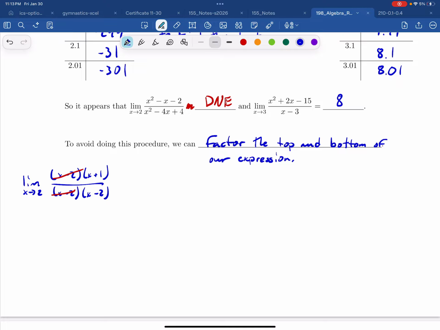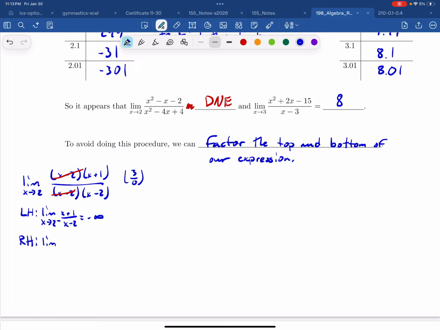And at this point, we're left with a situation where when we plug in x equals 2, we get 3 over 0. And we know what that means, right? We break this into our left-hand limit. Limit as x approaches 2 from the left of x plus 1 over x minus 2. And I'm just going to jump right to the answer. If x is a little bit less than 2, then x minus 2 is less than 0, x plus 1 is greater than 0, and we get negative infinity.